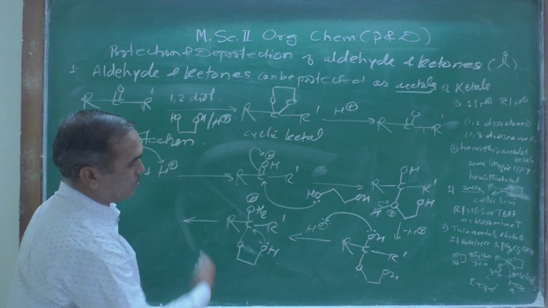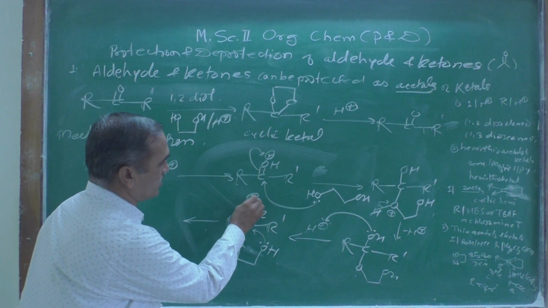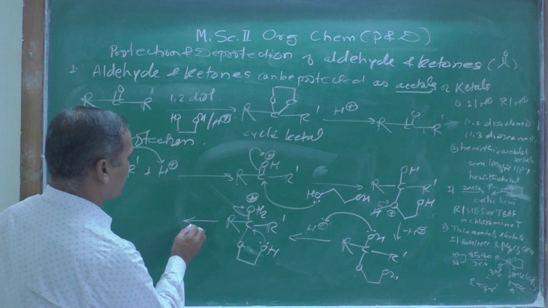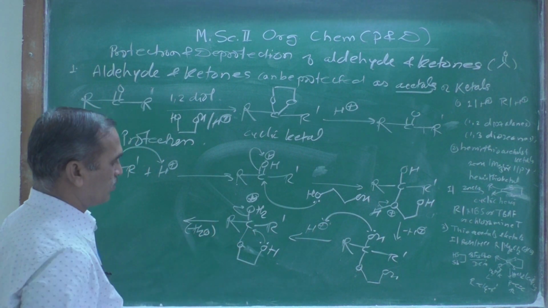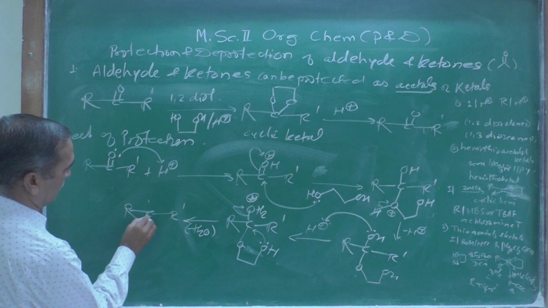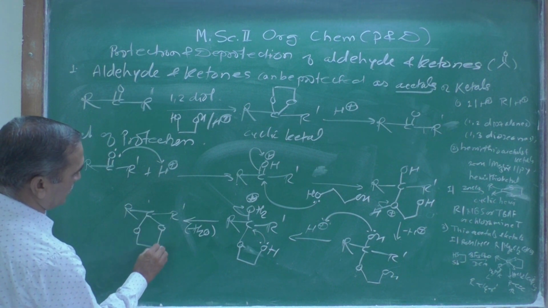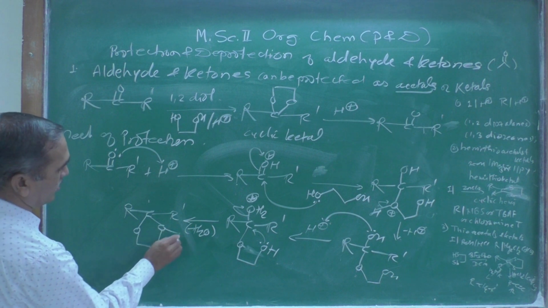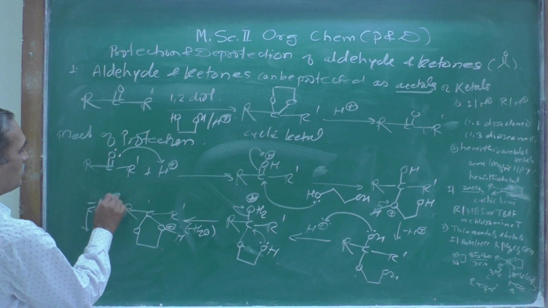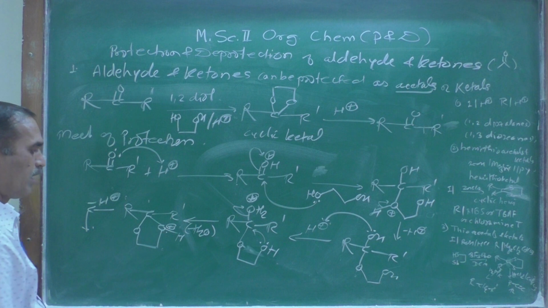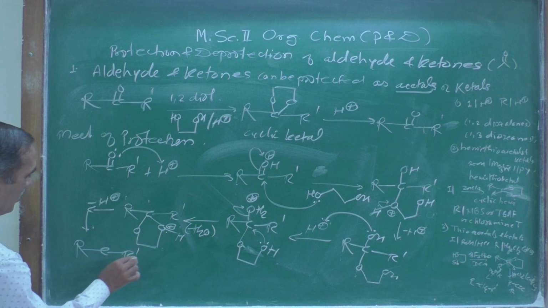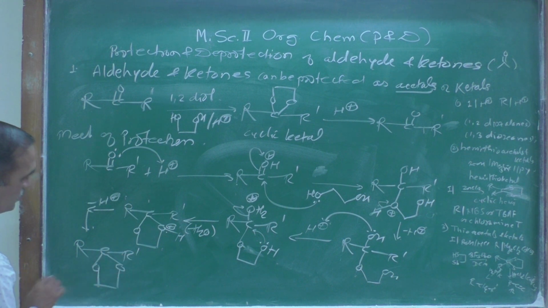When it is converted into that type of unstable species, it becomes a good leaving group, and that leaves as a neutral molecule like a water molecule, and you are going to get here R, then R dash, finally O, then O, CH2 and CH2, and here H plus, positive charge comes on it, then it loses the proton and you get the stable compound RC, then R dash, here O, then CH2.